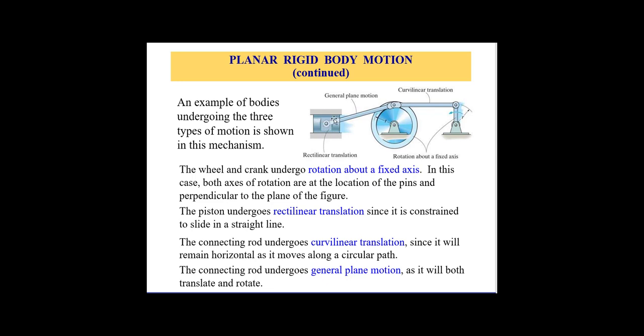Every point in it moves left or right, so it's a rectilinear translation. While the pulley is fixed about a point, it is undergoing pure rotation, as is this link over here.